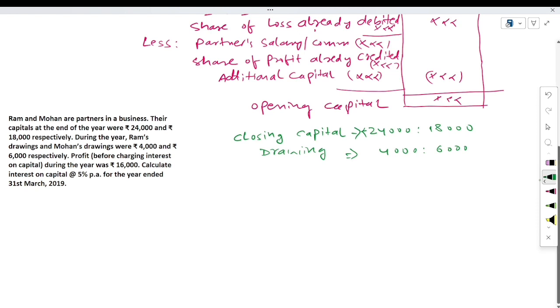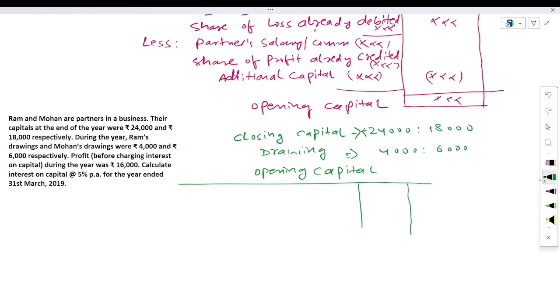See here, what will be the formula of calculation of opening capital, how we will calculate opening capital. Here are two partners. We will write here the name of both the partners for amount column.